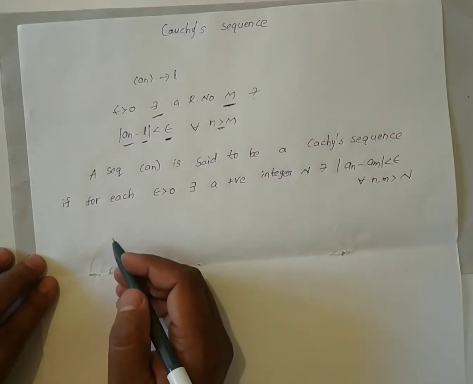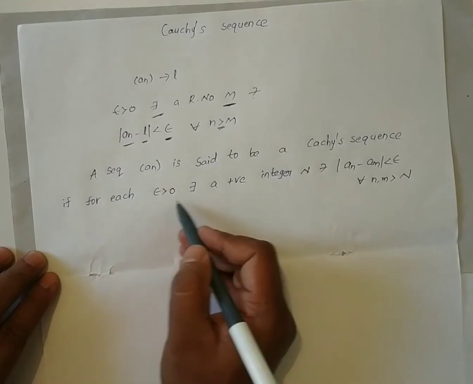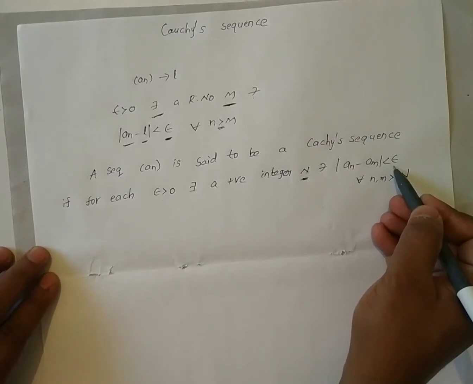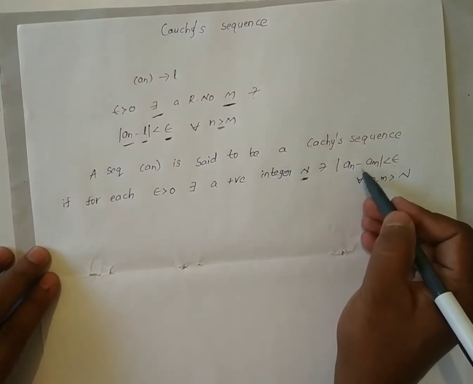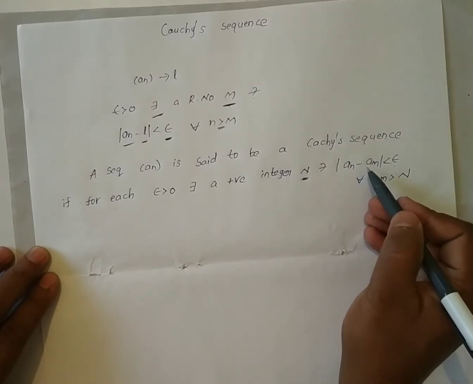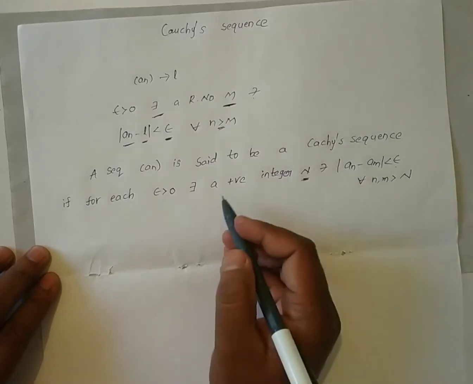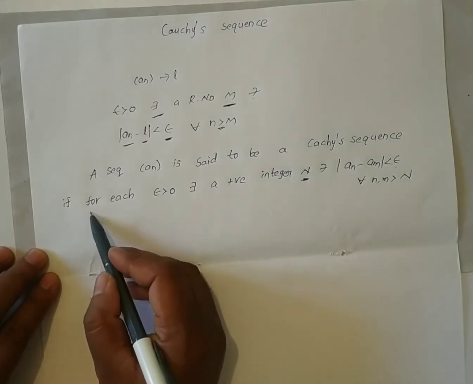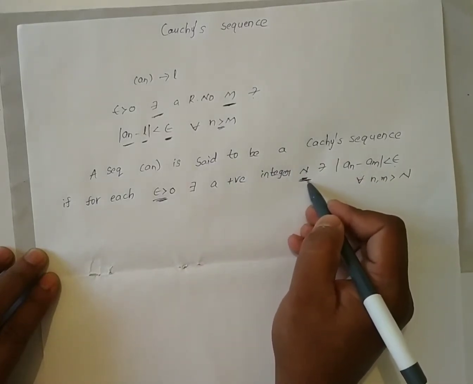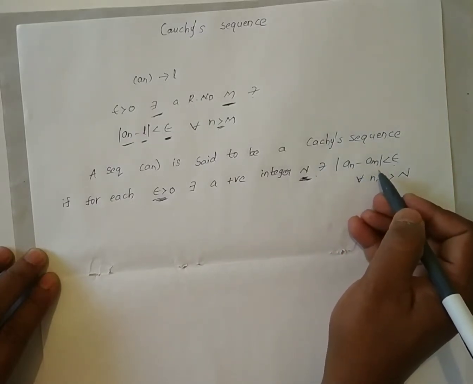So Cauchy sequence means for each epsilon greater than 0, we can find a number N which depends on epsilon, such that modulus of a_n minus a_m less than epsilon.